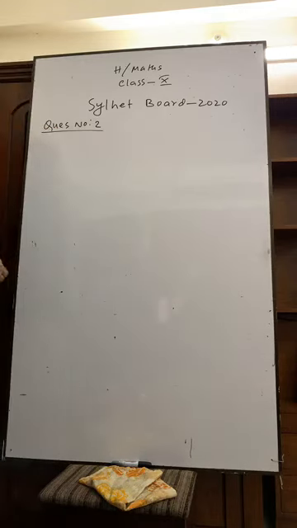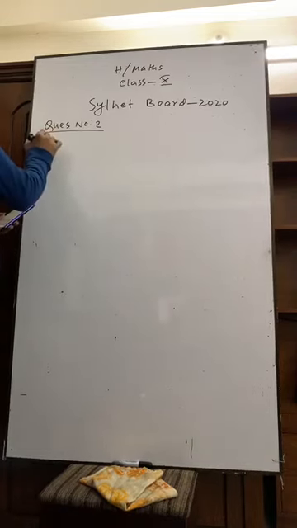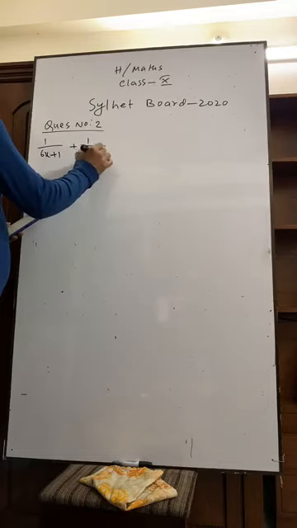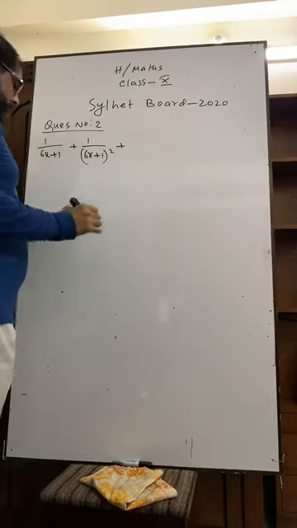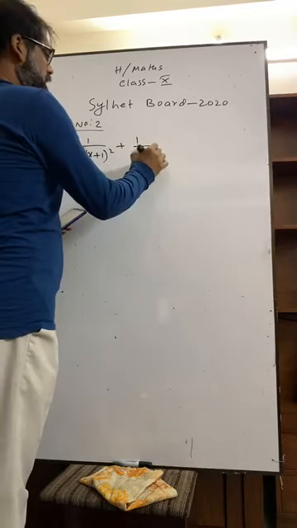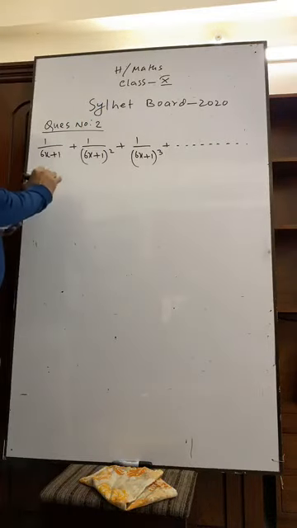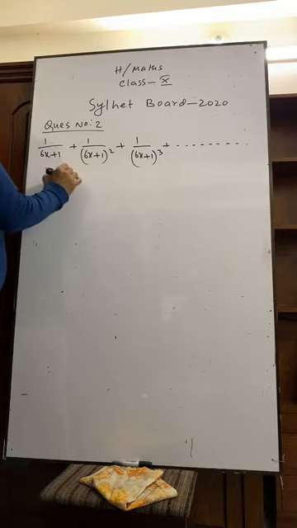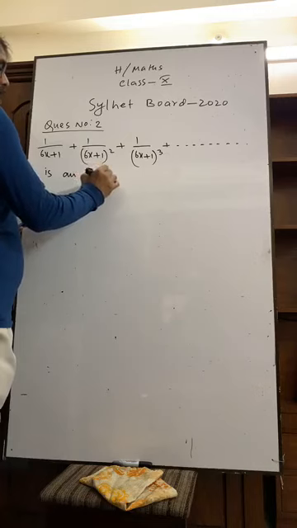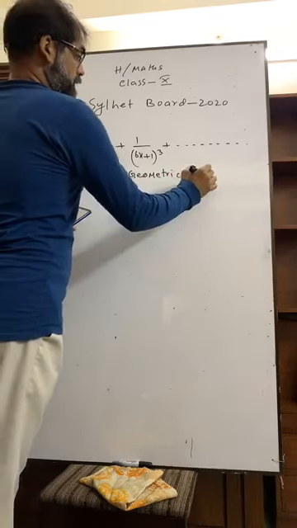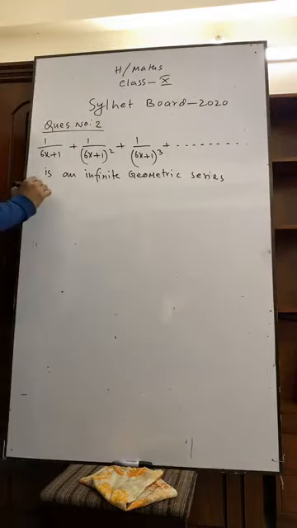Question number 2. 1 by 6x plus 1, 6x plus 1 whole square is an infinite geometry series.